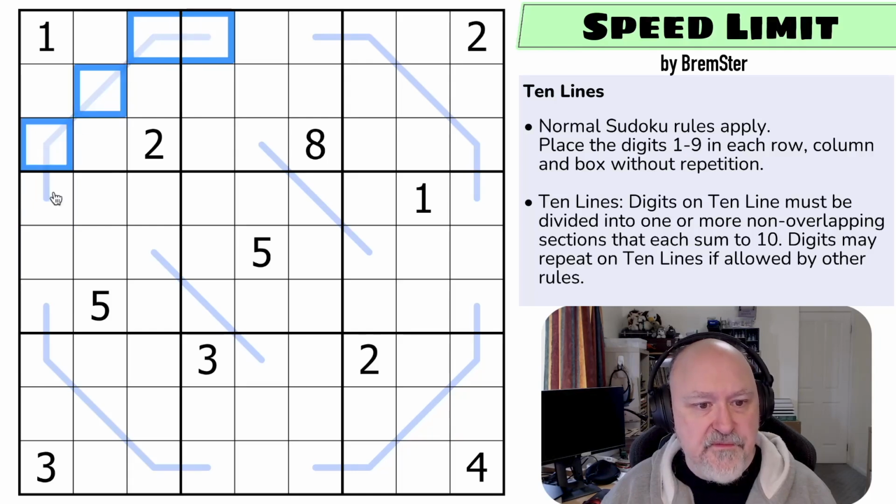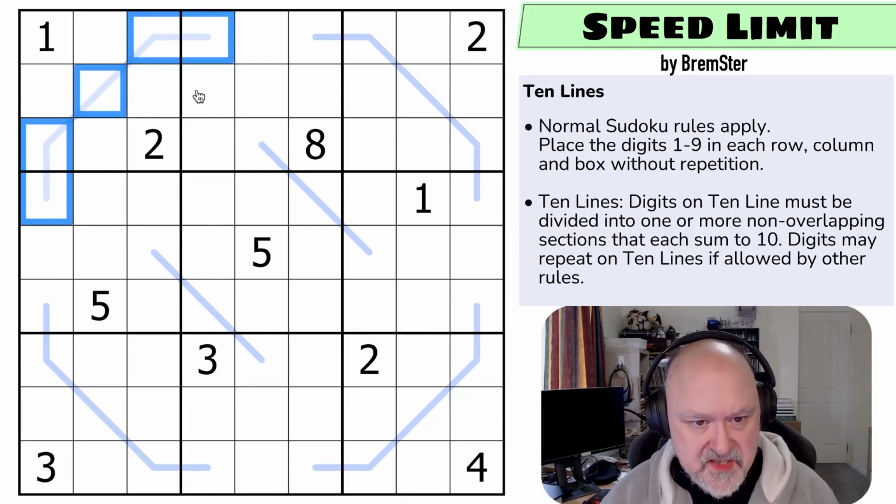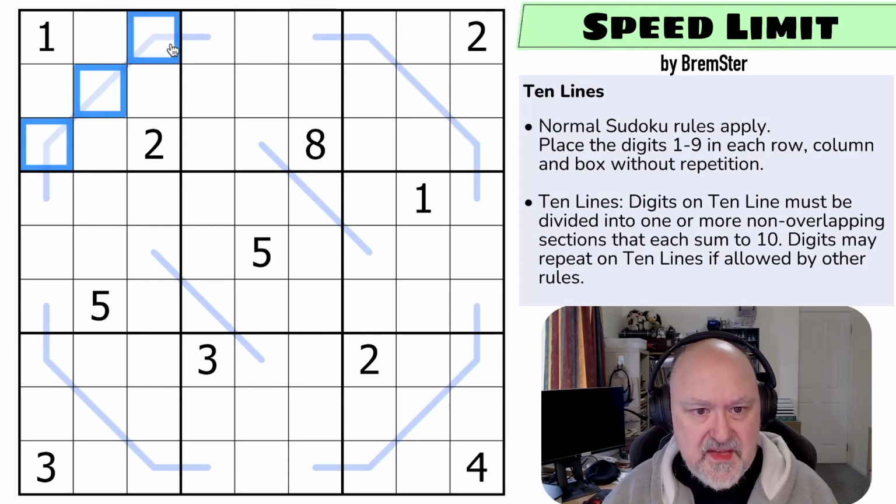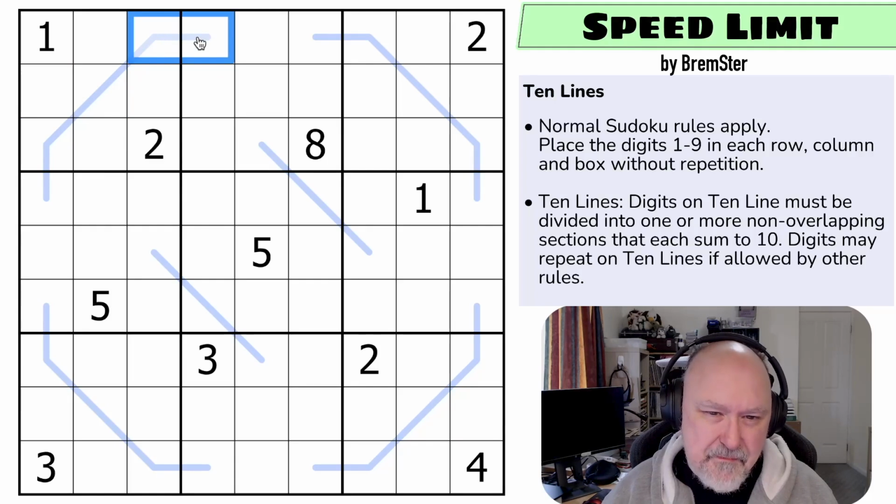So if I did a 4 cell section, then that would leave a single cell section having to sum to 10, which doesn't work. So this is a 3 and a 2 cell section of 10 sum, but the minimum here is 3, 4. But these are a minimum of 3. And this is a minimum of 3, 4. This is a minimum of 3, 4.